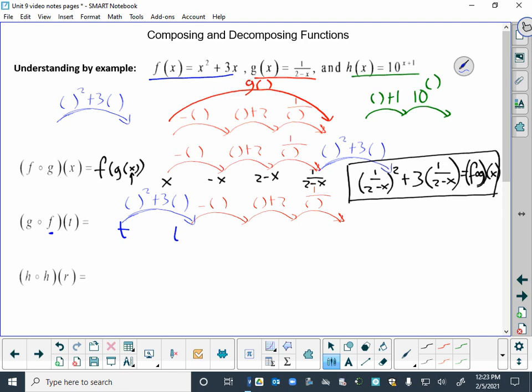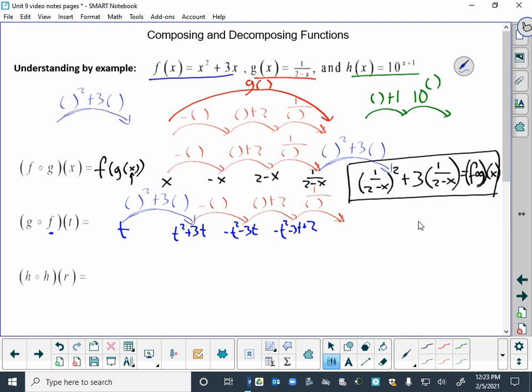t squared plus 3t comes out of there. This says change the sign on that, so that's going to be negative t squared minus 3t. Add 2 onto all of that, so there's negative t squared minus 3t plus 2.